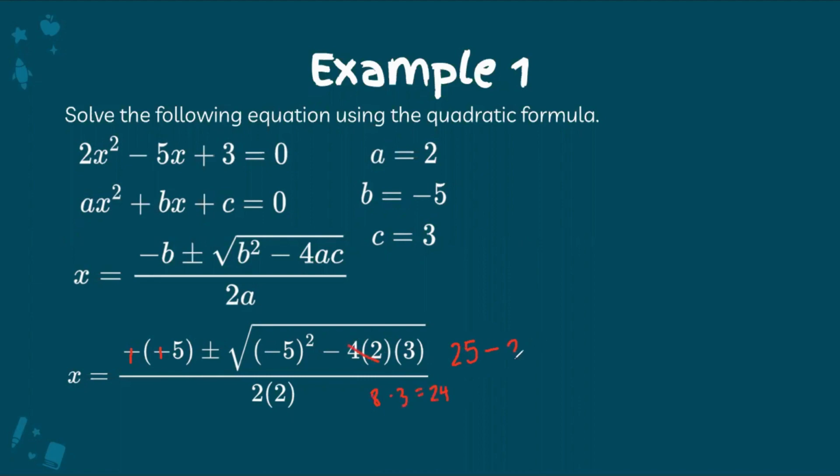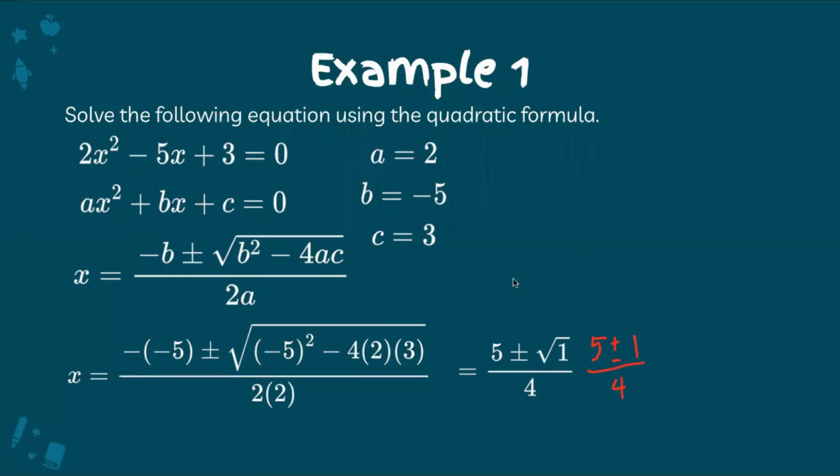So you would have the square root of 25 minus 24, which would just simplify to the square root of 1. And then that would be over 2 times 2, which just simplifies to positive 4. So here is the simplified version. We would have 5 plus or minus square root 1 over 4. You can further simplify this to just 5 plus or minus 1 over 4.